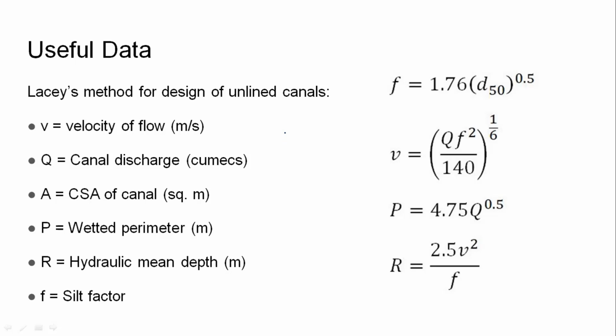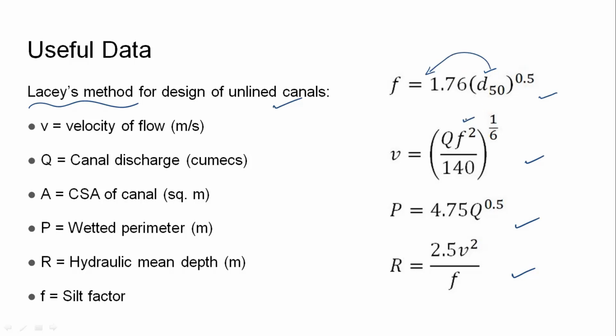Coming to the useful data, for design of unlined canals, Lacey's method is used, which is a set of the following 4 equations. Depending on the data that is available, we use these equations to obtain the remaining variables. Here, D50 is the average particle size using which the silt factor is found.